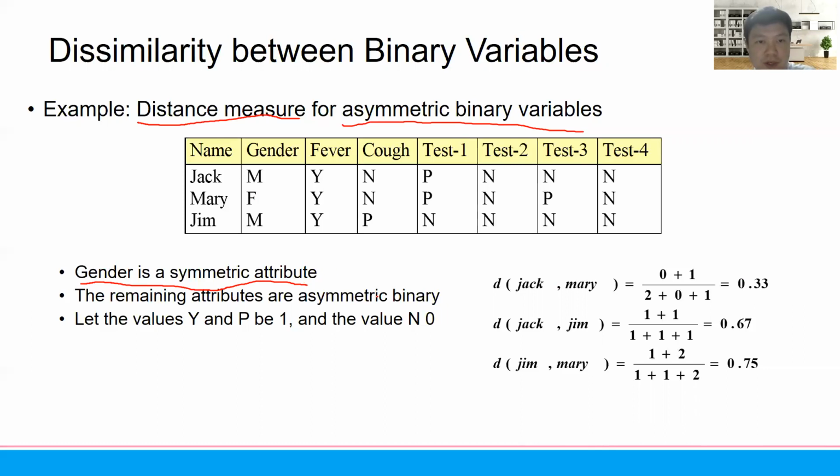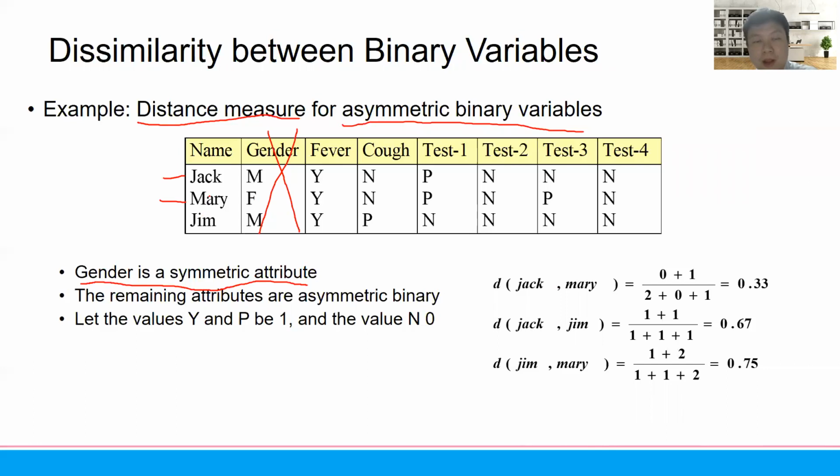The remaining attributes are asymmetric, so instead we use fever, cough, test 1, test 2, test 3, test 4. These are tests in the hospital, and you want to know the similarity between Jack and Mary.